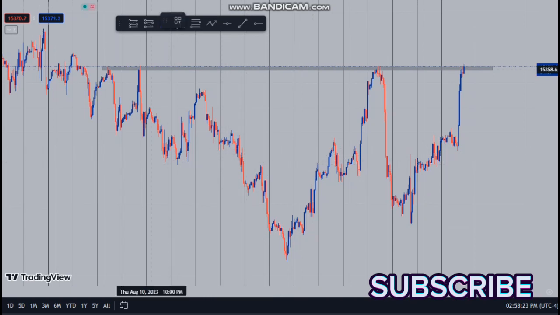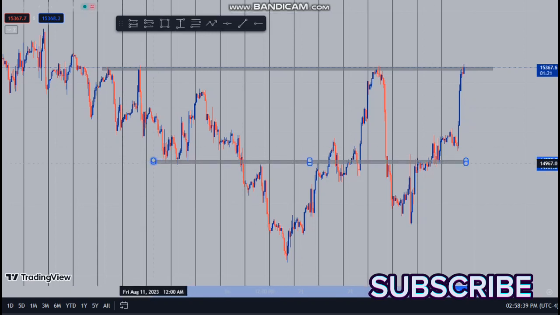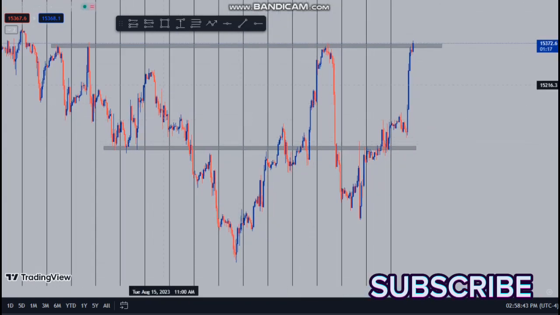Once you mark out your zones like this, look out for clean areas that have nice weak rejections. That's what you want to mark out. Mark it out and make sure that it's properly drawn. Don't make mistakes with this. We have that area marked.